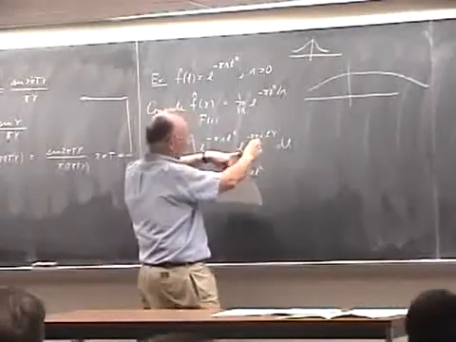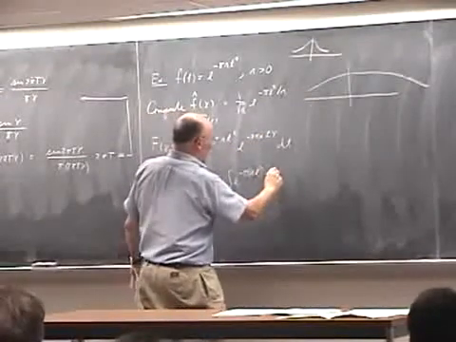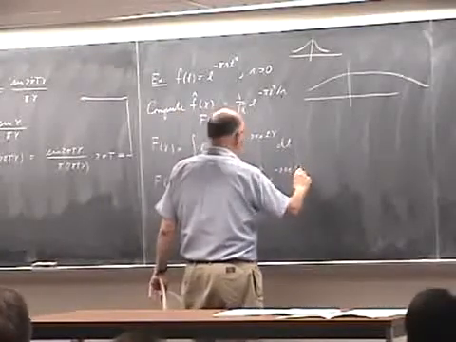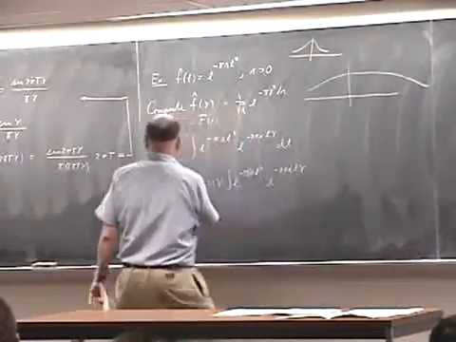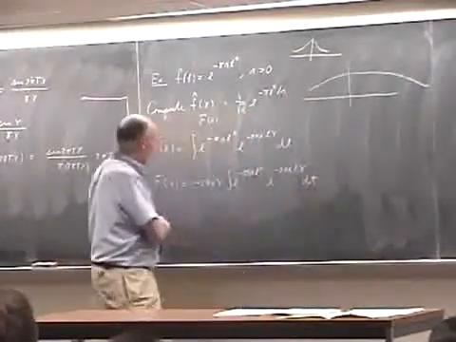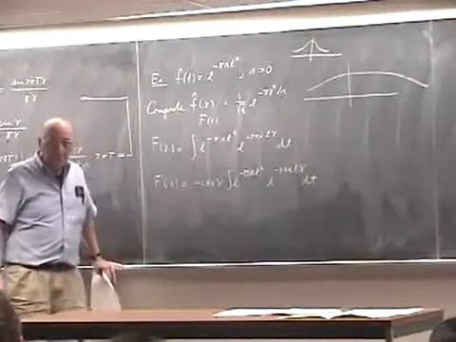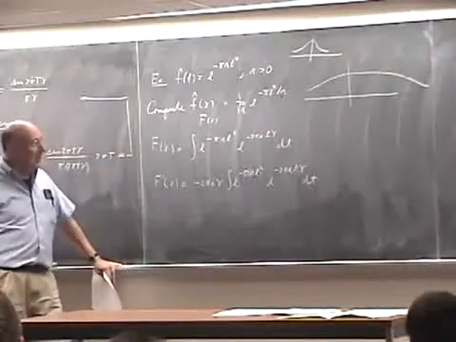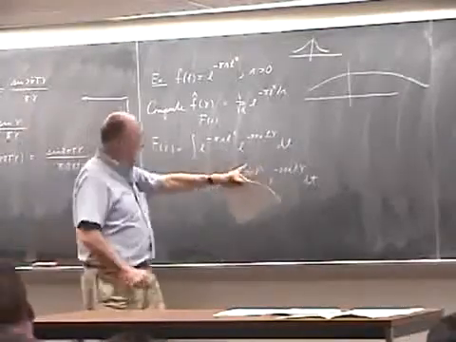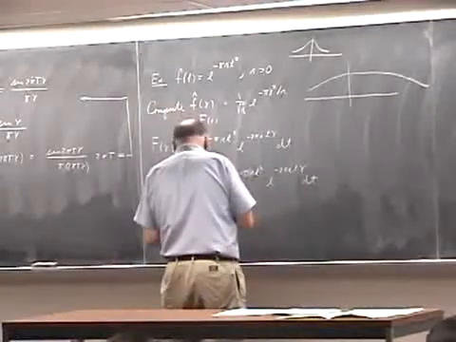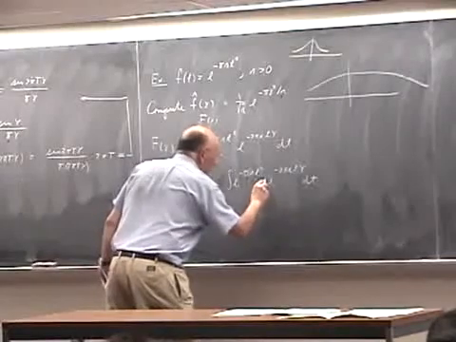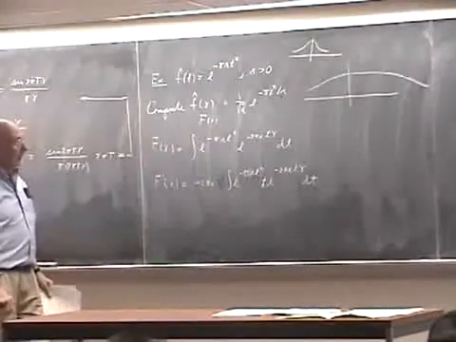So I've just differentiated this, and I get e to the minus 2 pi i t gamma dt. Right? Did I do that right? Now I took the derivative with respect to gamma. Oh, I get a t in there. I did it wrong. T. Sorry about that.